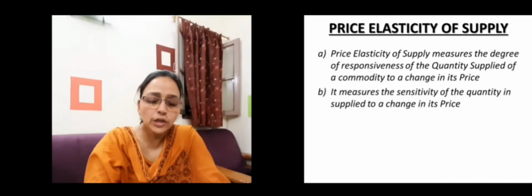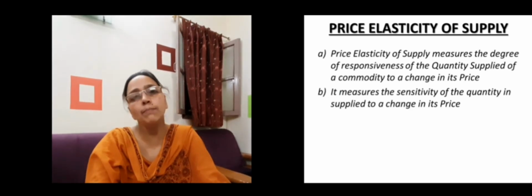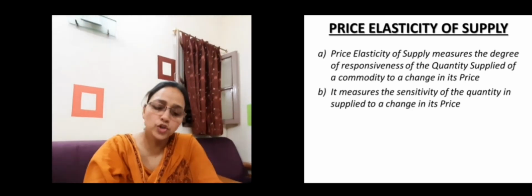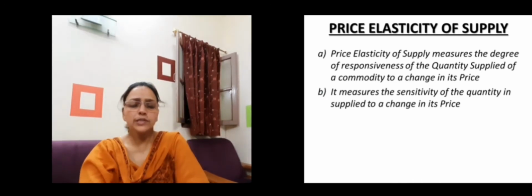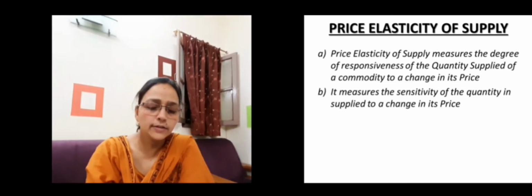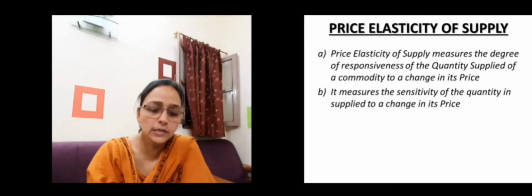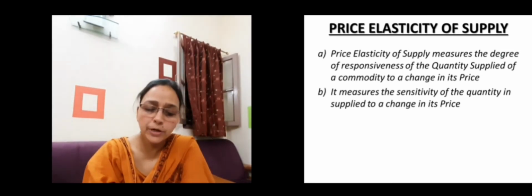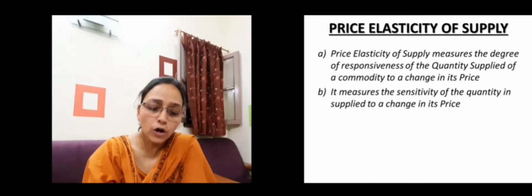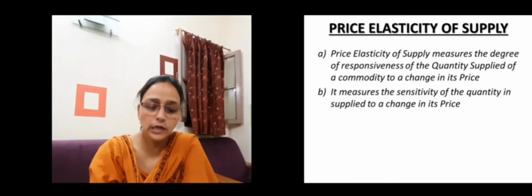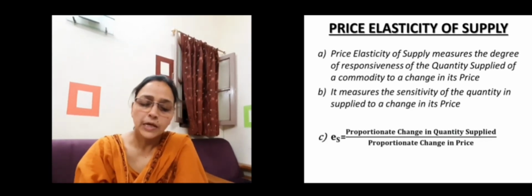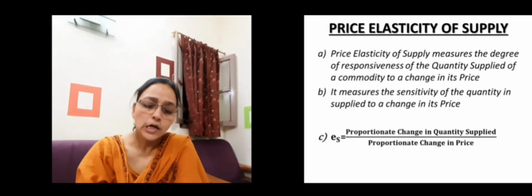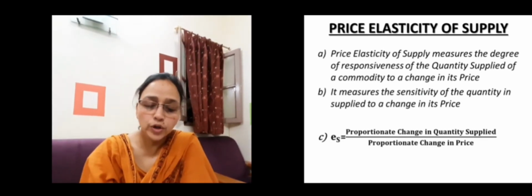The formula for this is proportionate change in quantity supplied divided by proportionate change in price. So here we notice that the concept of supply elasticity shows the relationship between relatives, that is the ratio between percentage changes and not between absolute values. This means that like demand elasticity, supply elasticity is independent of the unit of measurement.